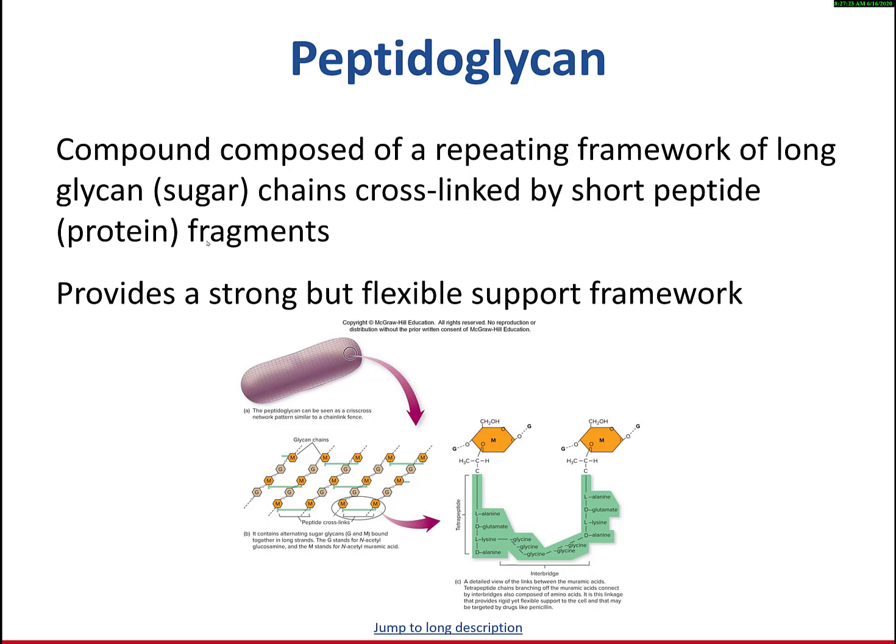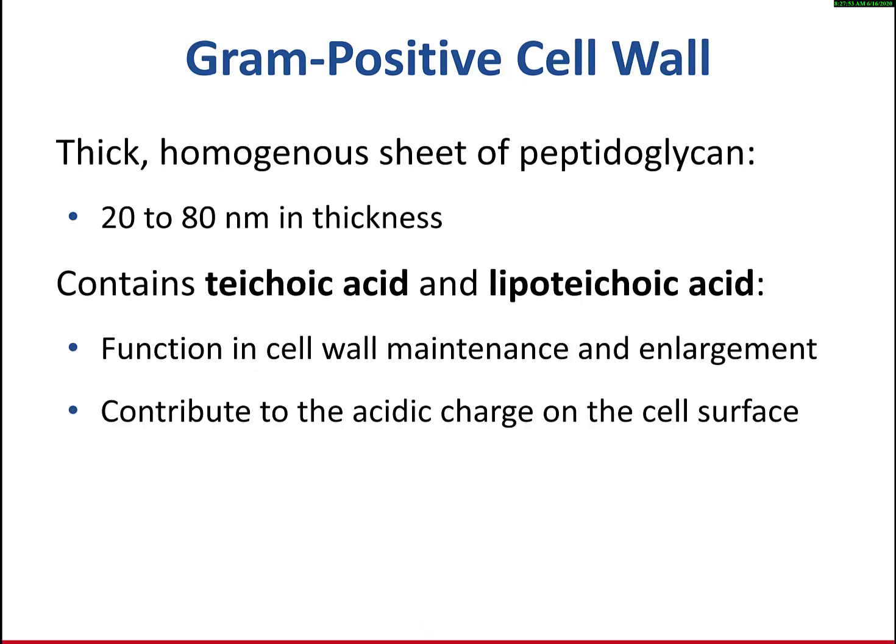So sugars and this cross-linking of these short peptides; you can see the peptide cross-links here: alanine, glutamate, lysine, linked to glycine, which seems to be a bridge, and then we have alanine, lysine, glutamate, alanine, linked to the sugars as we go across. That's the peptidoglycan, and it's a quite effective networking feature of the cell wall.